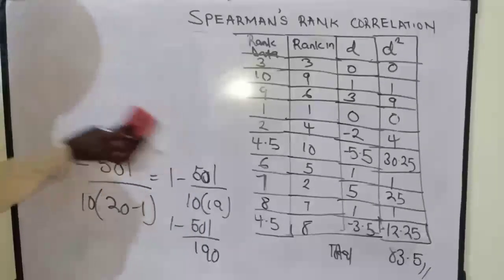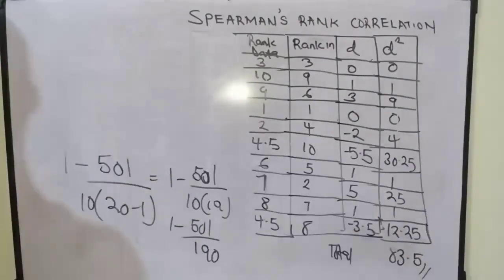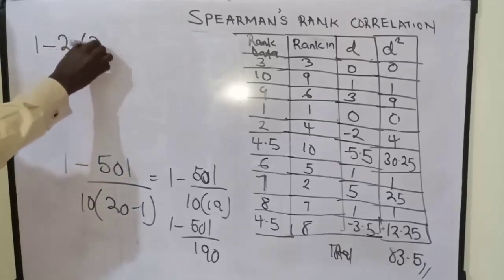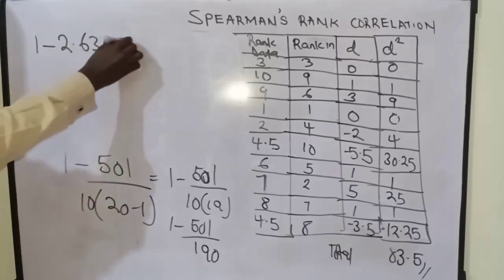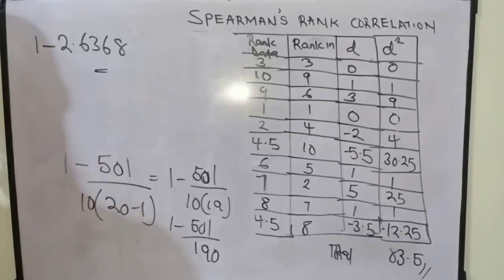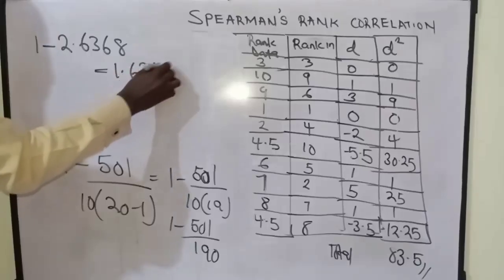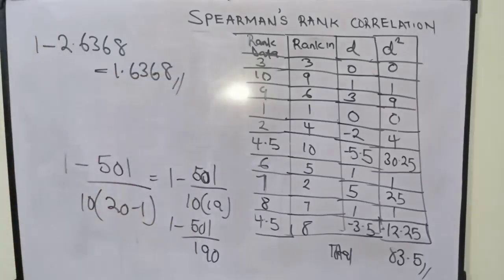So 501 divided by 190 is 2.6368. So it will now be 1 minus 2.6368, which gives us minus 1.6368.